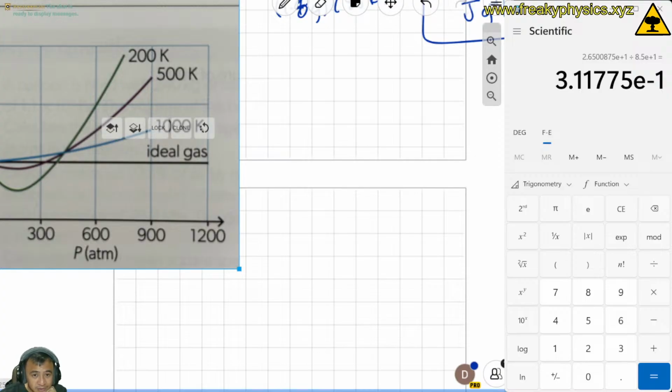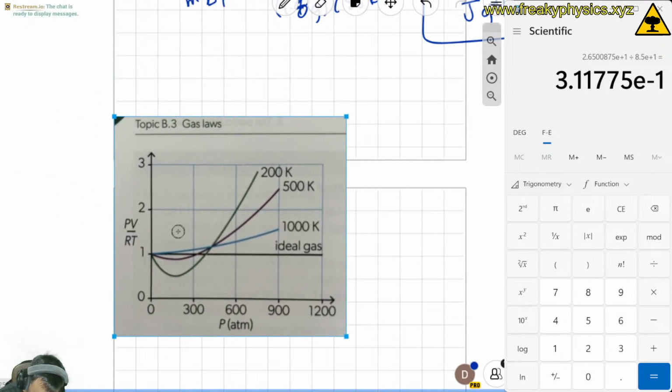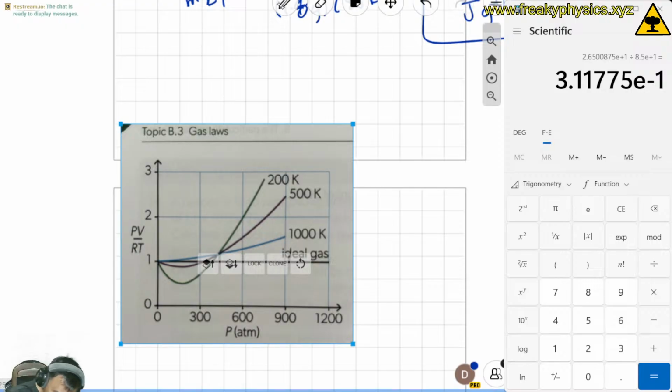PV, yeah, correct. So the y-axis is the number of moles, right? And then there's the pressure here. Now this curve is simply telling us how, where's my mouse? Oh, there it is. As you said, this is just moles, right? So what does this mean?